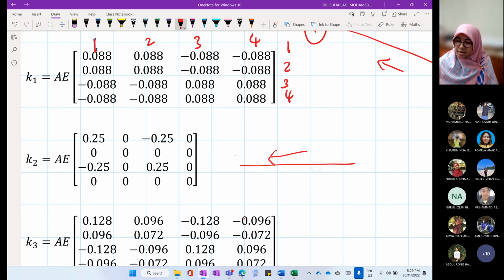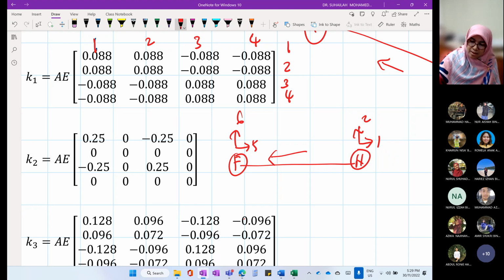So this will be far, this will be near. At near, the label is 1 and 2. At far, the label is 5 and 6. So we call the degree of freedom for K2 as 1, 2, 5, 6.